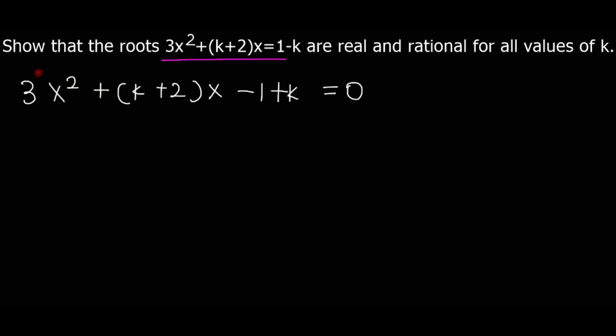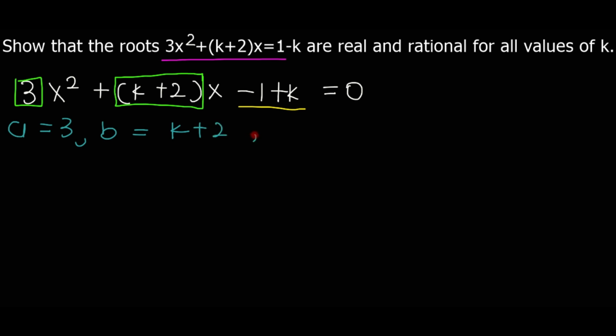Notice the value of a is 3, and b is k plus 2, because b is the coefficient of x, and c is everything without x. So a is positive 3, b is k plus 2, and c is minus 1 plus k.